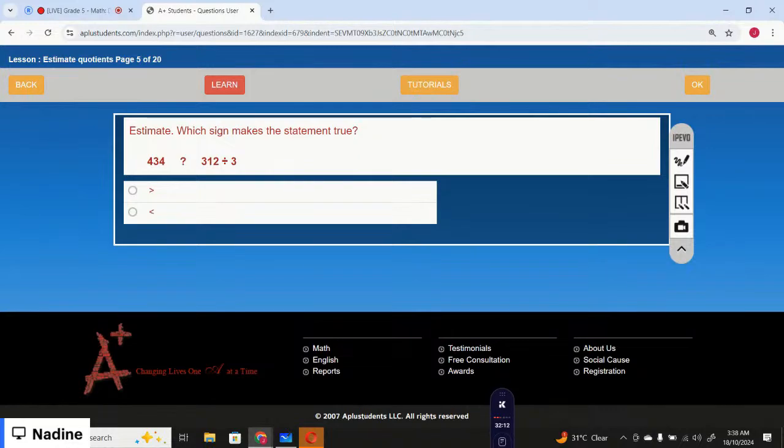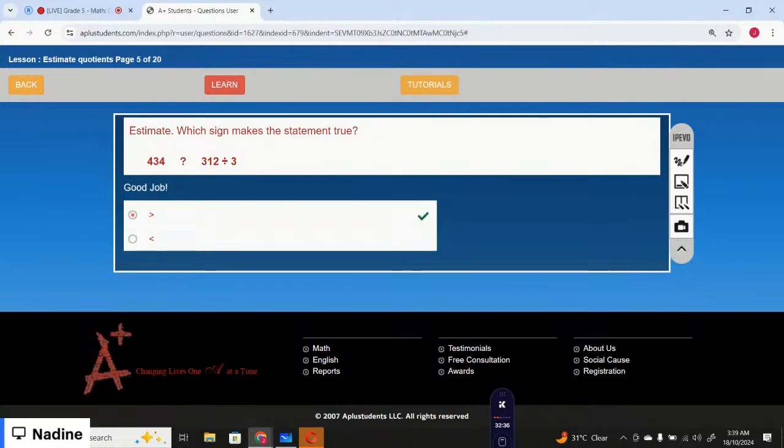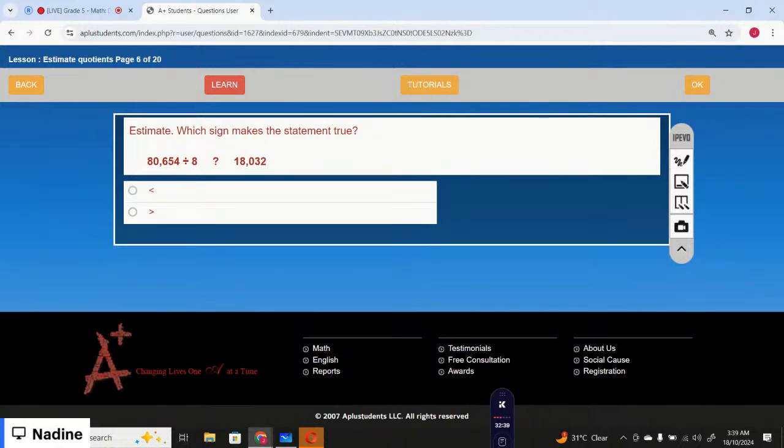Which is the correct option? 434 is greater than 312 divided by 3. Okay, you can complete the lesson by yourself later today.